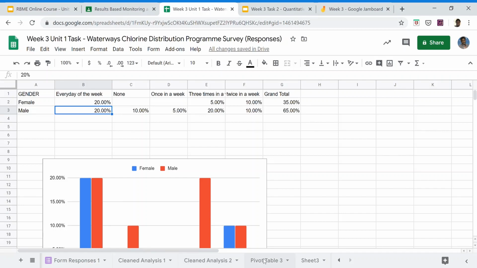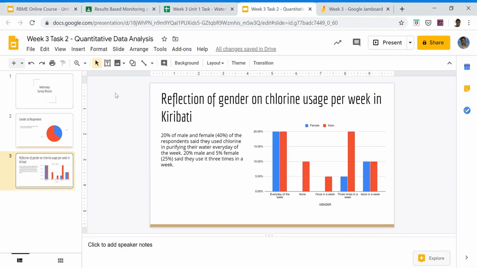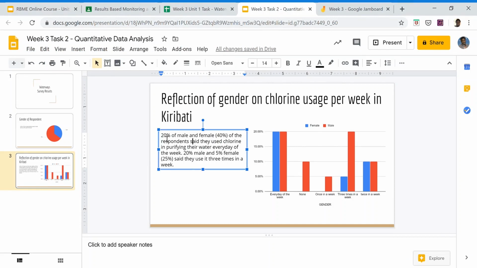So 20% of female and 20% male. Yeah, we got it. So 20% of male and female said they use chlorine in purifying water, and 20% male and 5% female said they use it 3 times in a week.